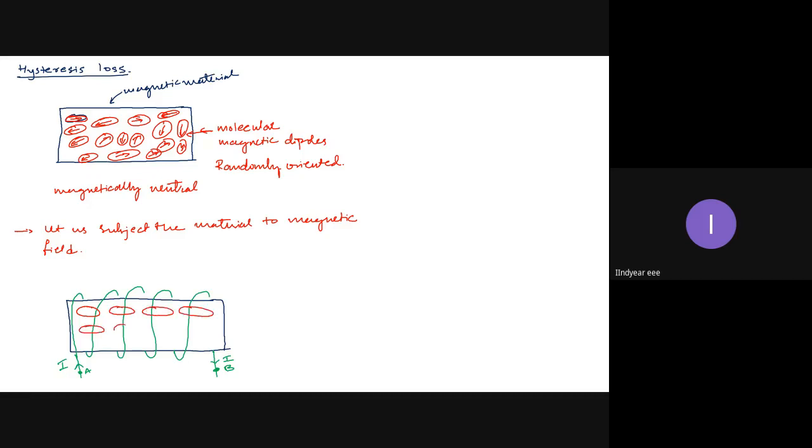All the molecular magnets will orient in one direction. When the material was not magnetized, the net orientation was 0. Now, when I magnetized the material, there is a proper orientation of all the molecular magnets.